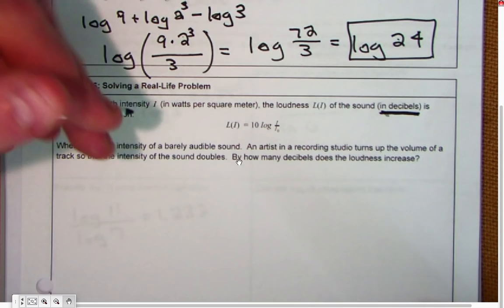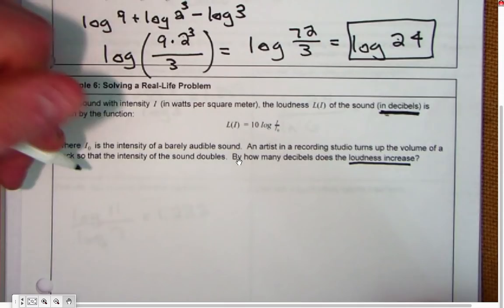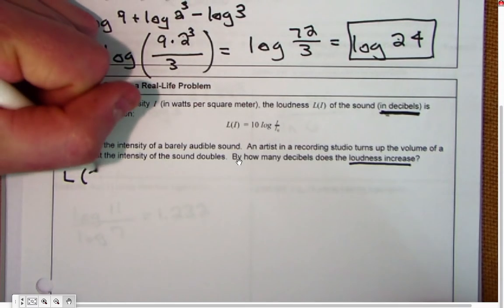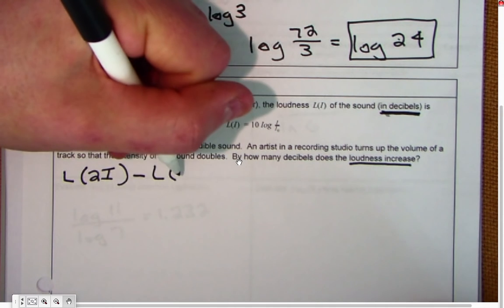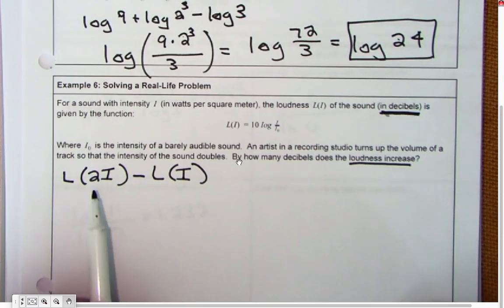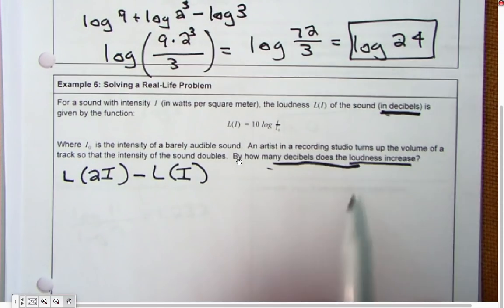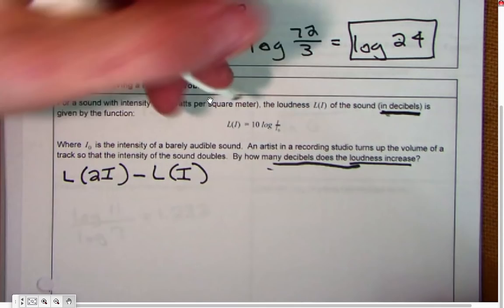So basically, since L is the loudness, we want to figure out how much the loudness increases when we double the intensity as compared to the loudness of the original intensity. So here I put a 2 because that's my double intensity, and that's my original. It asks how much it goes up, so we want to find the difference. So what does that look like?